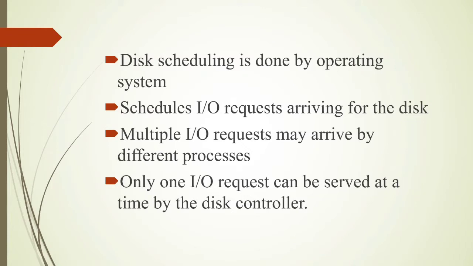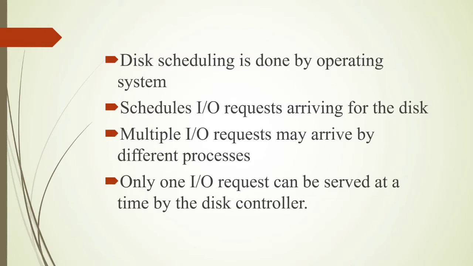Now, who is responsible for this disk scheduling? Mainly, the operating system of a particular computer is responsible for the disk scheduling process. As soon as the input-output request arrives from the user to the computer, that request has to be processed.